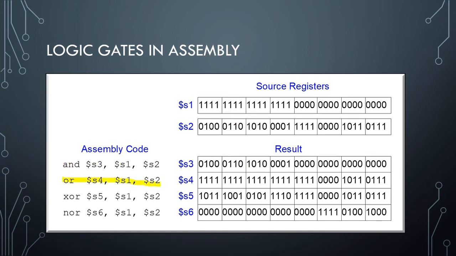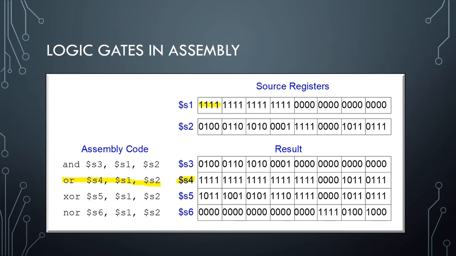The next gate will be the OR gate, or the OR command, and we'll store that result in register 4. Just a reminder, for an OR gate, one value or the other has to be a 1, or on, for the result to be 1, or both can be on.